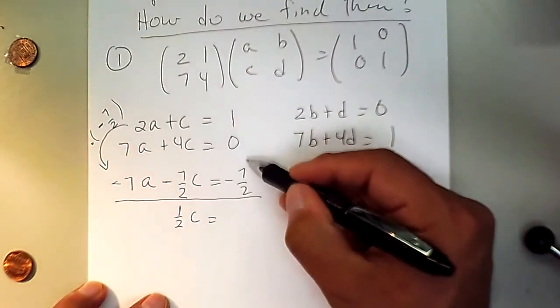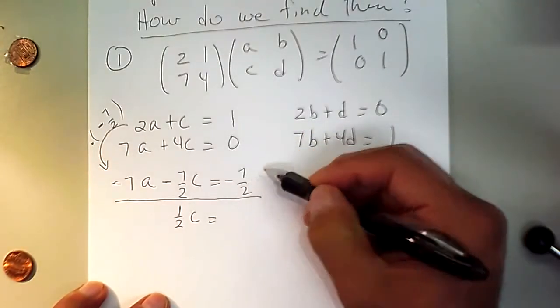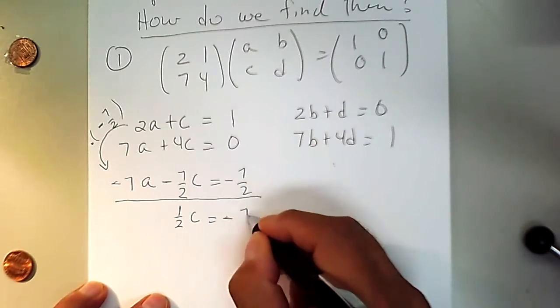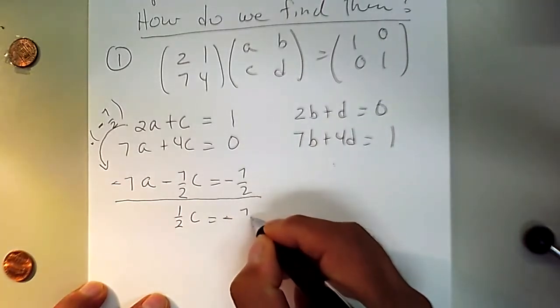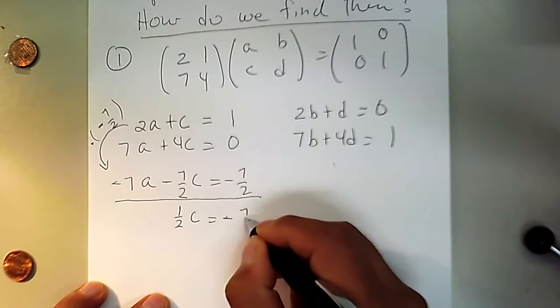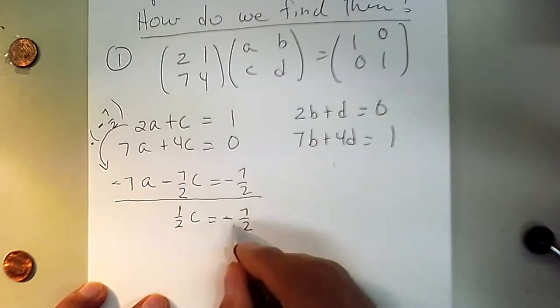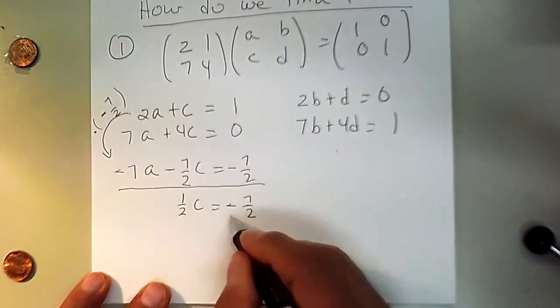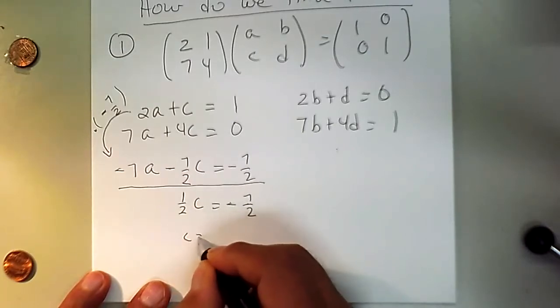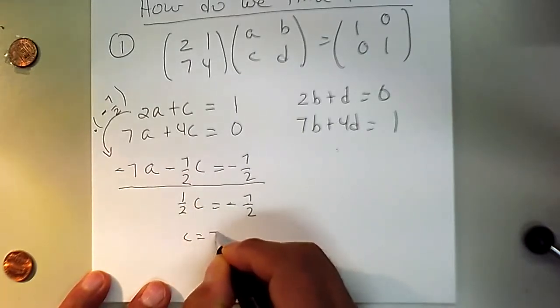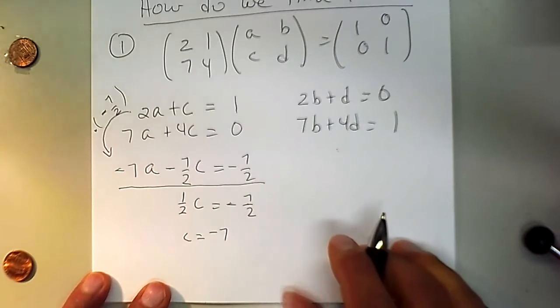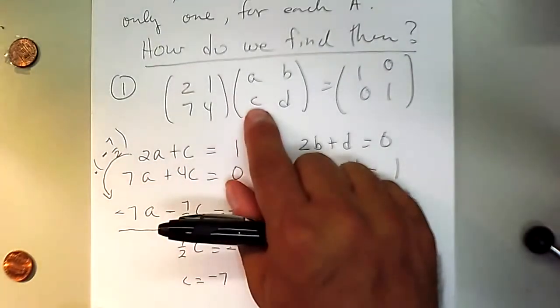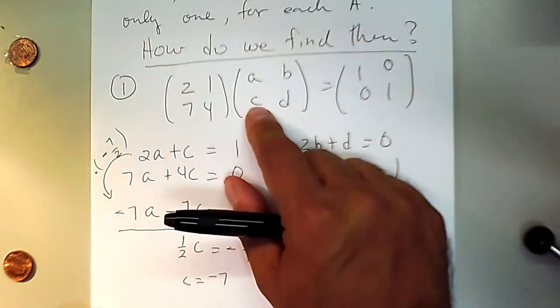Oh, and that is 0 minus 7/2. So that is -7 over 2. So if we multiply this new equation by 2, we end up with c equals -7. Okay, so this entry has to be -7, apparently.